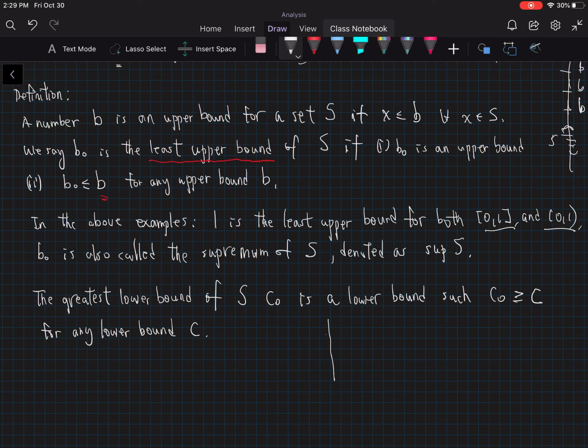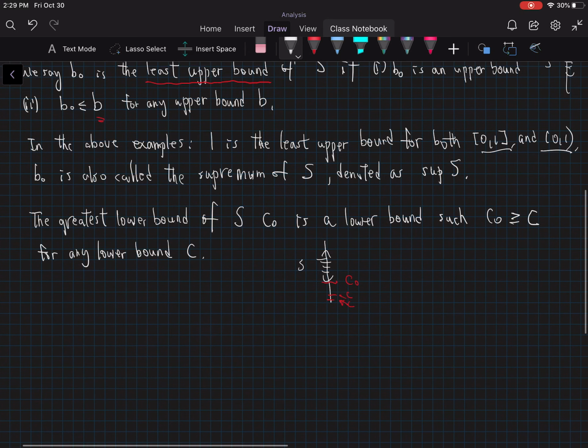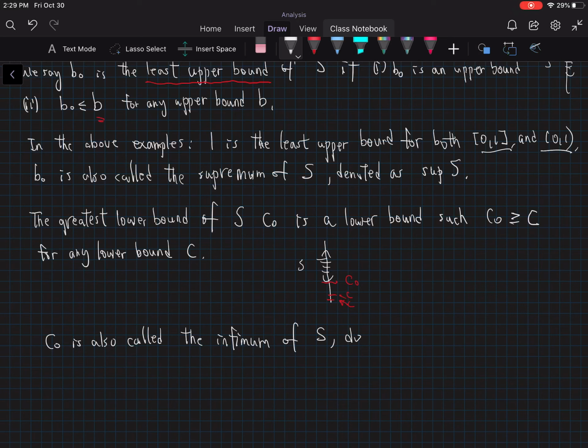You have a set S somewhere around here, and then C null itself is the greatest lower bound, greater than any other lower bound. As you can see, there's another name for C null as well. C null is also called the infimum of S, and denoted as inf S.